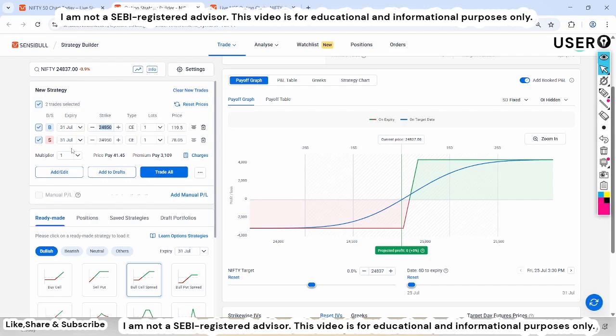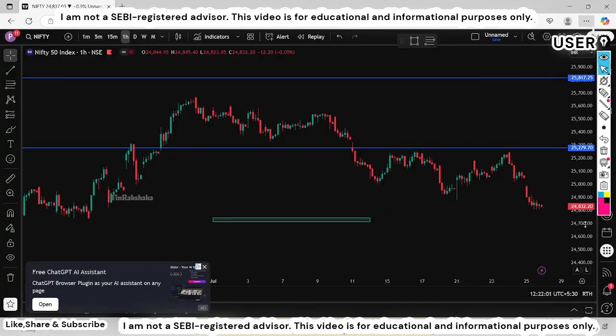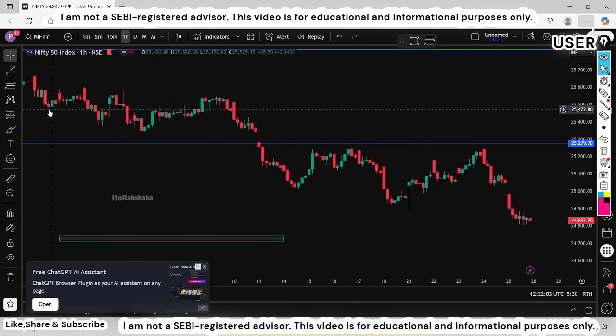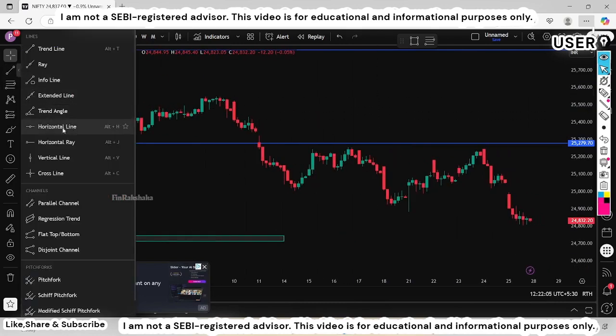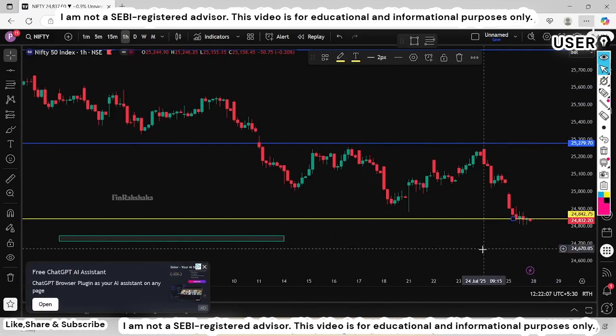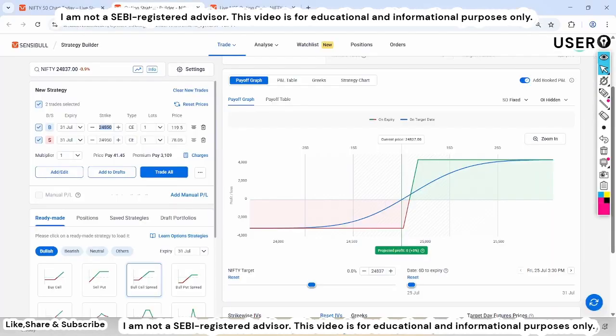Let's see this one in TradingView. I will be drawing one line here at 24,850. We are taking a position here. Then at 24,950 we are selling a call. What does the call sell mean? The market should go down. This leg represents the market should go up, and this leg represents the market should come down.